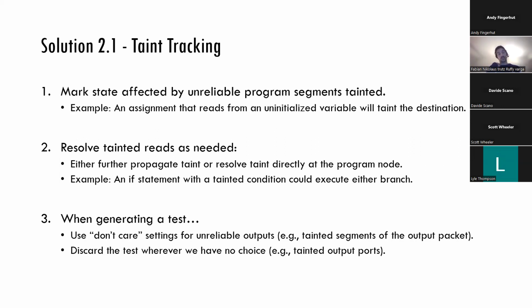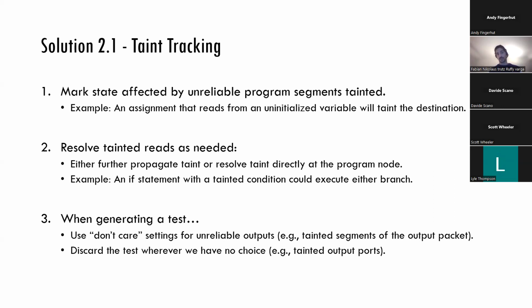Now, our two solutions to this are taint tracking. Taint tracking can handle non-determinism. What we really do is mark state affected by unreliable program segments as tainted. Once we read or write to this taint, we resolve it as needed.